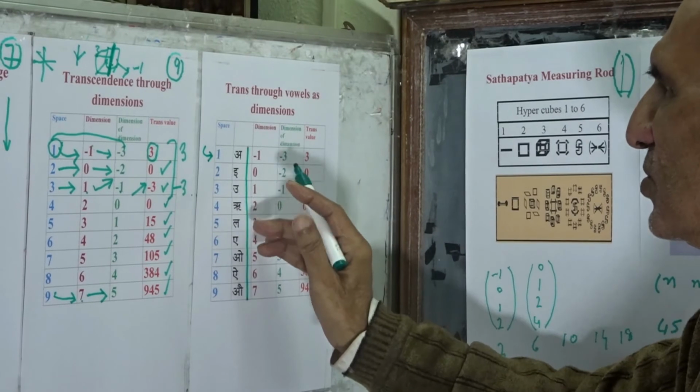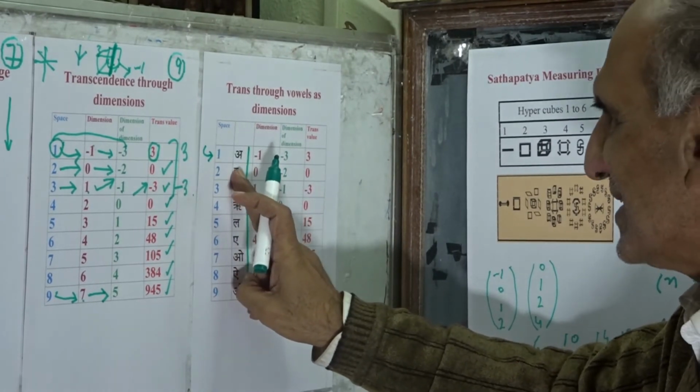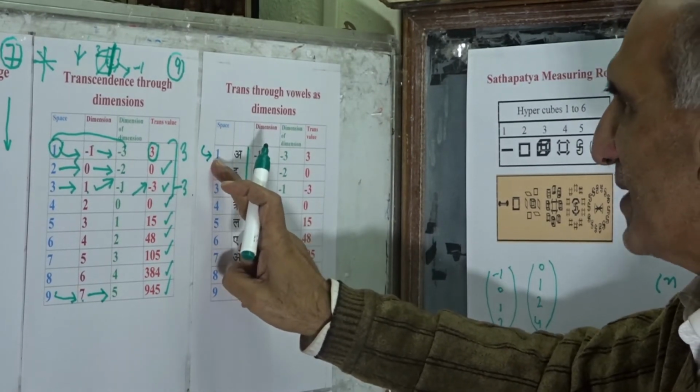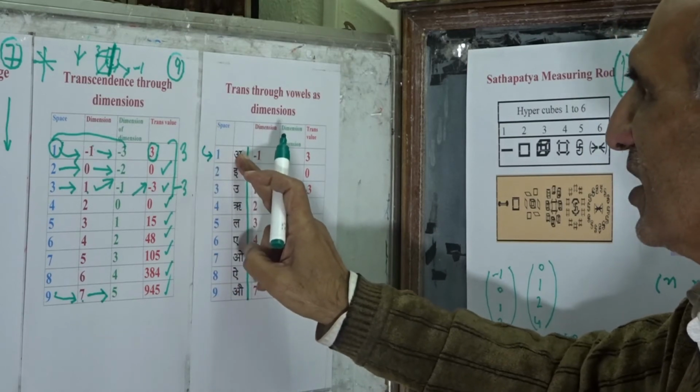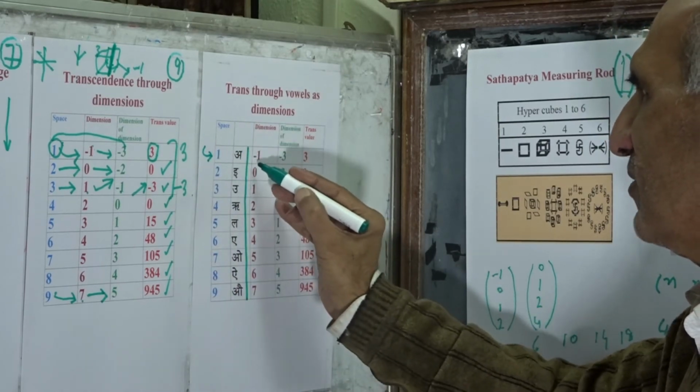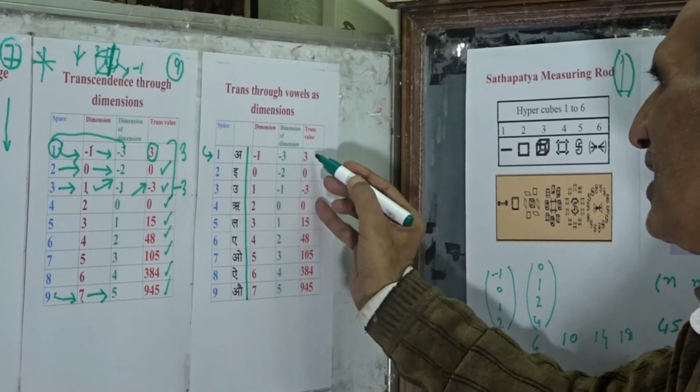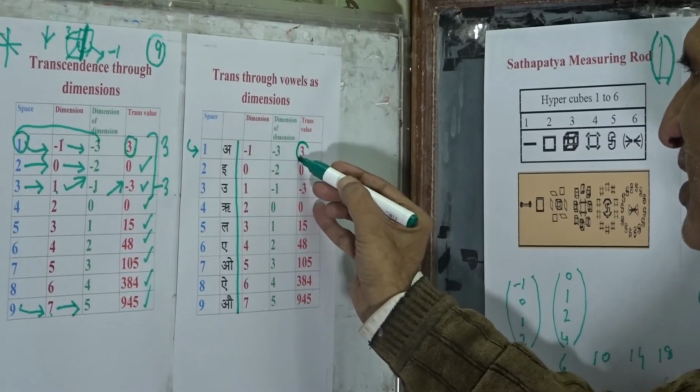These domains, so when there is going to be a transcendence within this 1 space domain, as the geometric format of the first vowel, it will be sequentially taking us to values which ultimately will become a trans value.